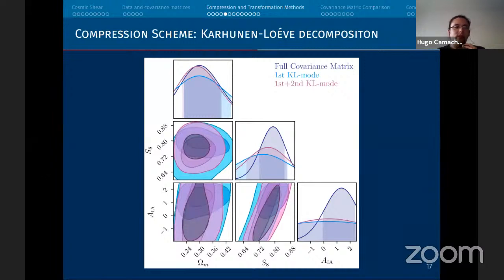I was just confused if you were doing this pixel thing or the KL thing. David's plot is just a motivation of why you would want to take maybe just the first KL mode or the first and the second, and why you don't want to go down to the other modes. It's completely consistent with what you're pointing out here. Yes, I see. Thanks a lot.